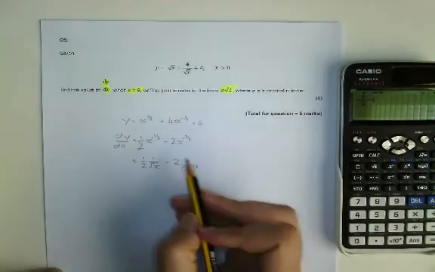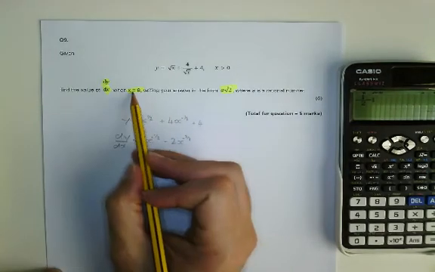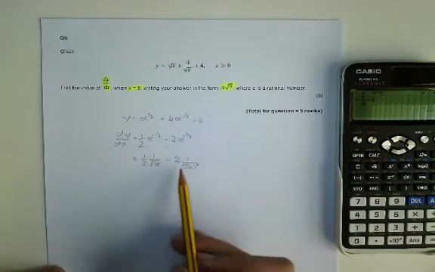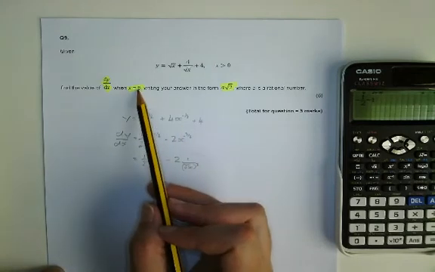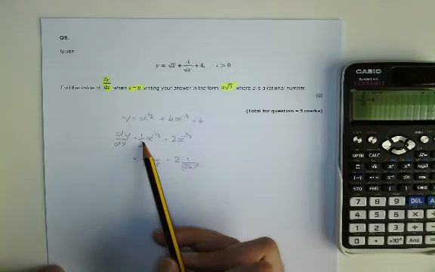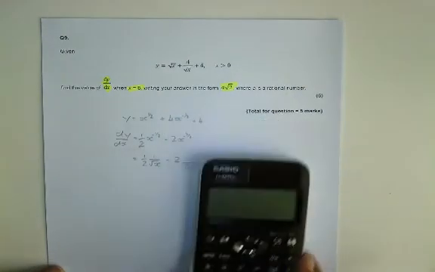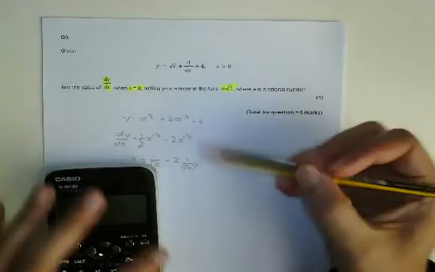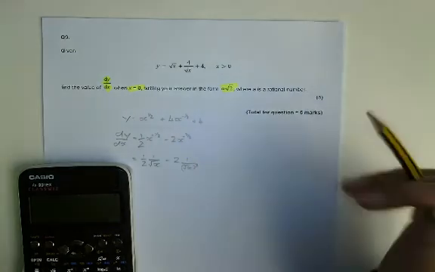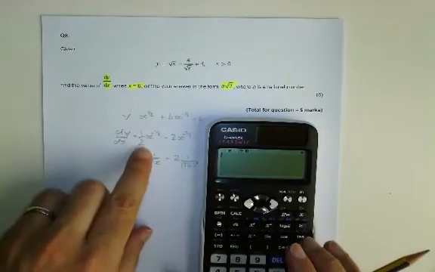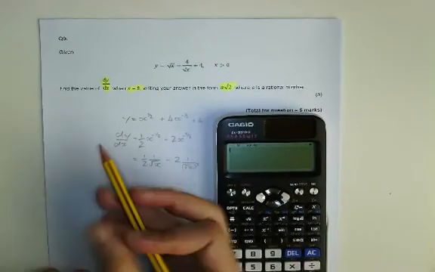That's what that means. And now all we're going to do is put x equals 8 into this. By the way, you didn't have to write this out like that, because all we're going to do is sub x equals 8 into this. My calculator will work that out for me, but it's just to remind you what the negative indices mean and how they link to roots. So let's put x equals 8.